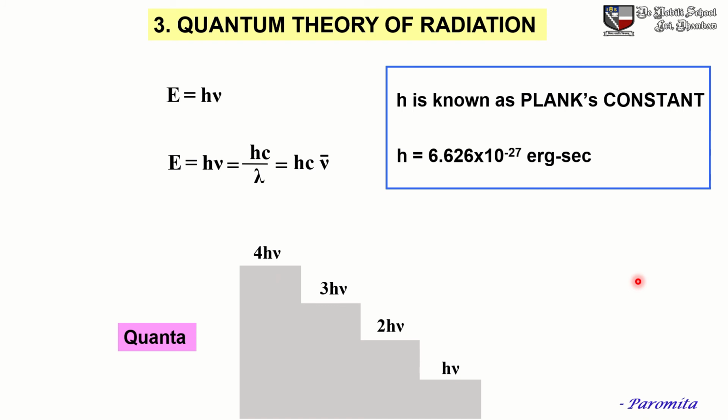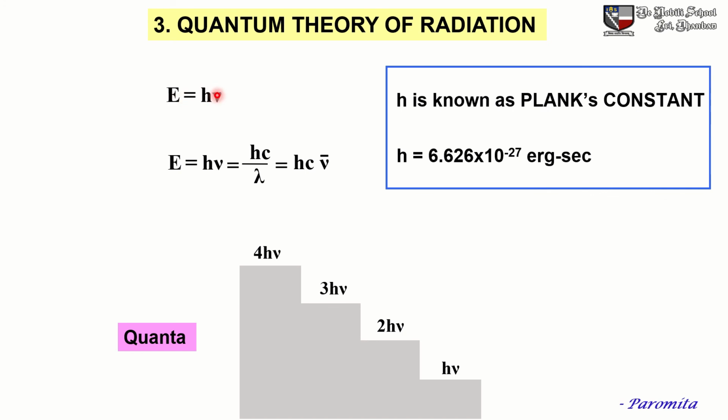This implies that radiations obtained from excited atoms consist of a stream of photons and not continuous waves.